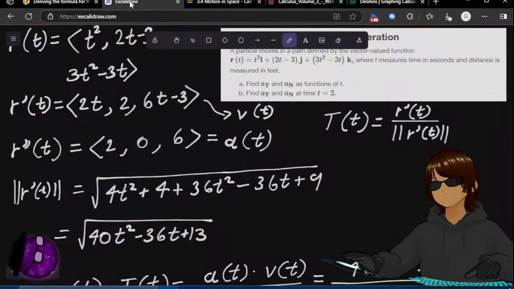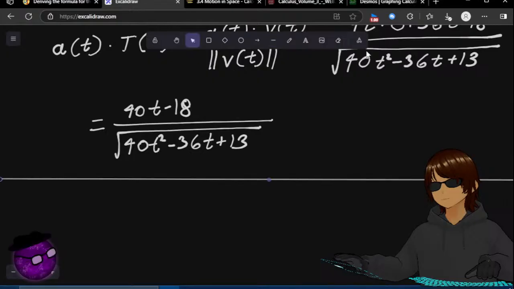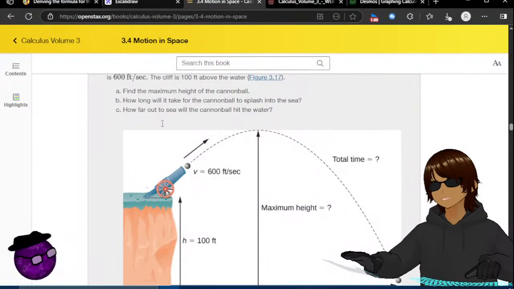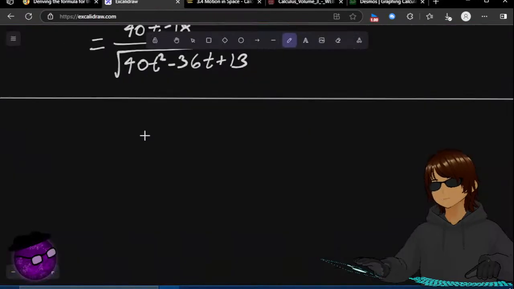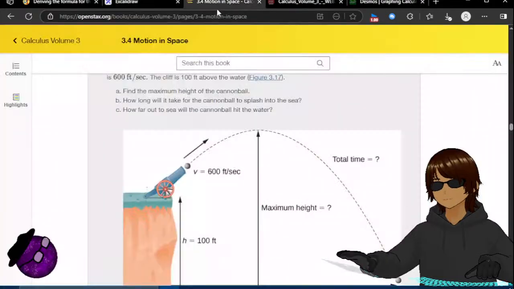So we have 3.16. V0 is 600 feet per second.